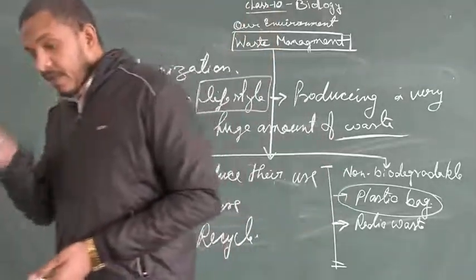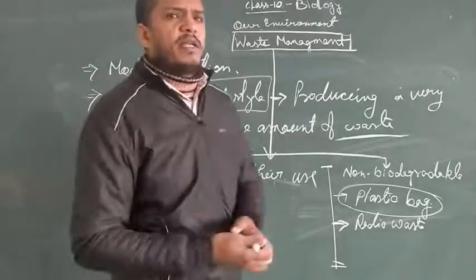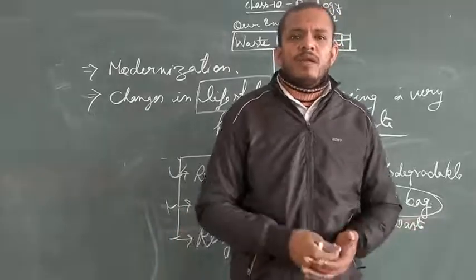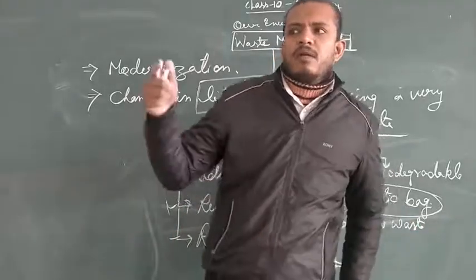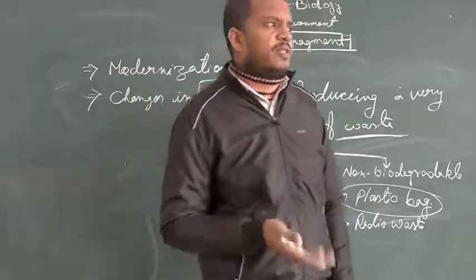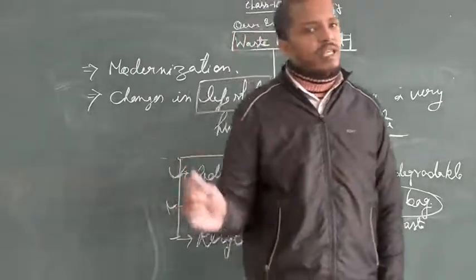Okay, so we people can do one thing, that we can make different kinds of boxes or large dustbins at home, naming them biodegradable waste, non-biodegradable waste, in that plastic waste, liquid waste, solid waste, such kind of classification we can do.